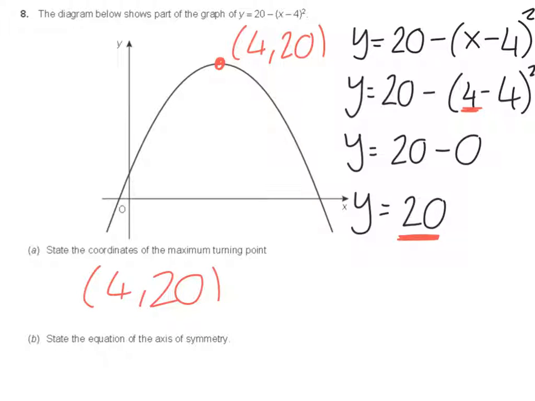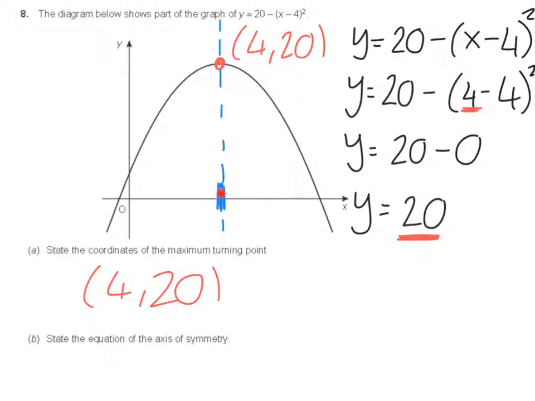Part B then asks us to state the equation of the axis of symmetry. So we can see that our parabola is symmetrical. So the axis of symmetry would be a straight line which comes down through the middle, passing through the turning point. It clearly passes through this point here on the x-axis, and that is directly below our turning point up here.